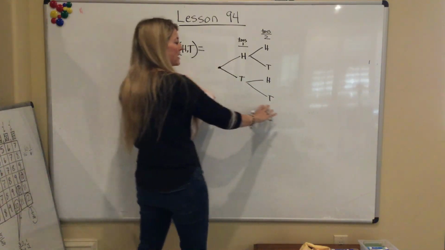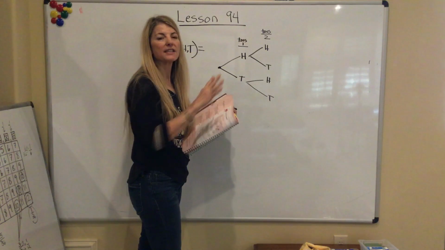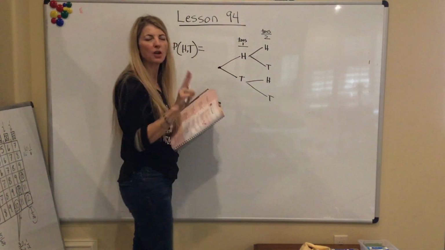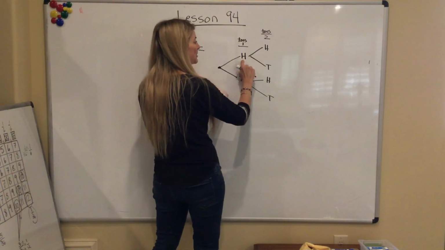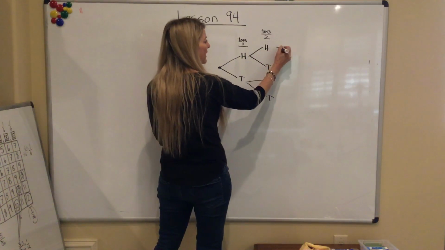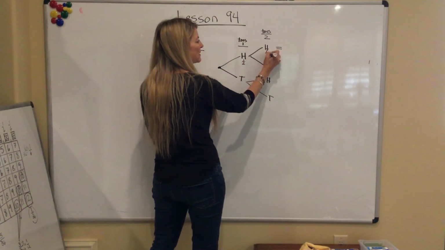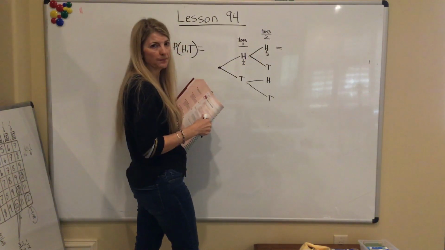If we have this sort of diagram, we call this our sample space. So this will be our sample space for 2 tosses of a coin. We see here the first toss we get heads, the second toss we get heads, and we've already said the probability of each of these independent events is 1/2, or 1 out of 2.